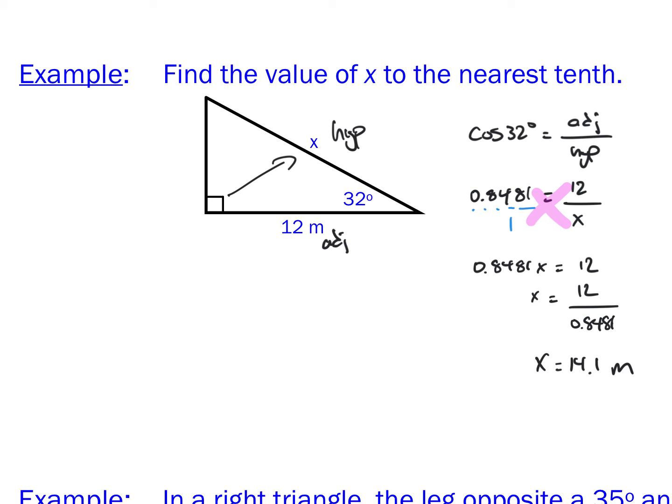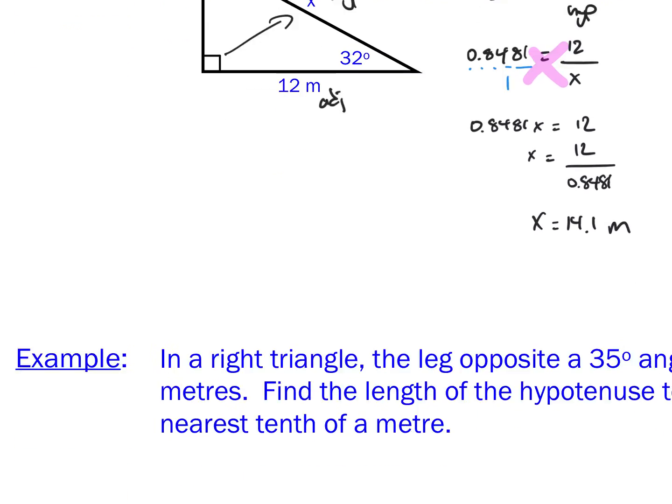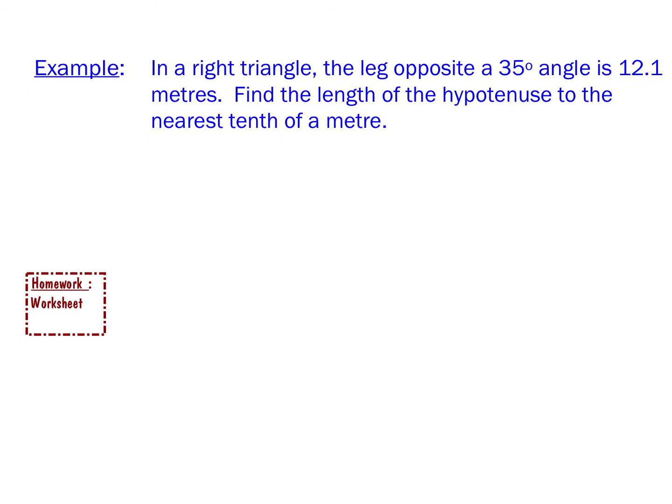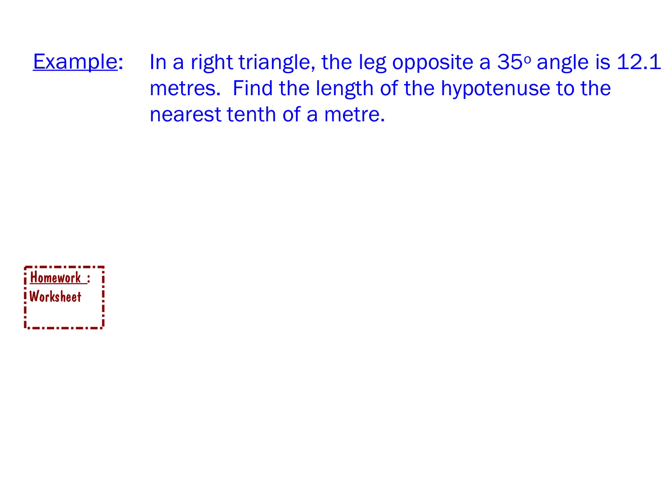We're going to do a bit of a word problem here, and that will wrap up today's lesson. So, in a right triangle, the leg opposite a 35-degree angle is 12.1 meters. Find the length of the hypotenuse to the nearest tenth of a meter. So it gives us information and we need to draw out a triangle. So here's a right triangle. It doesn't have to be to scale. There's a 90-degree angle.